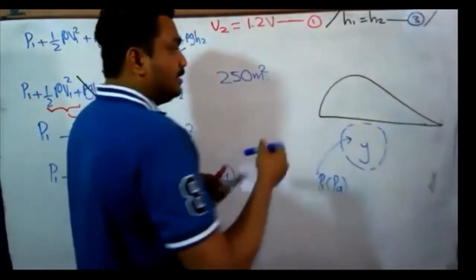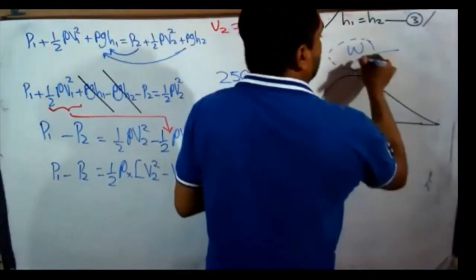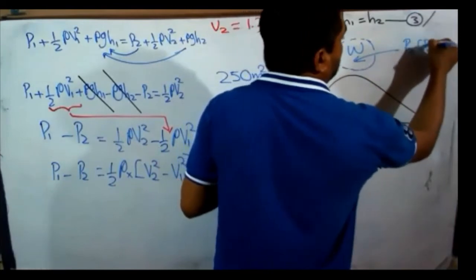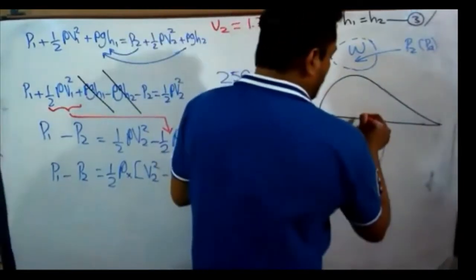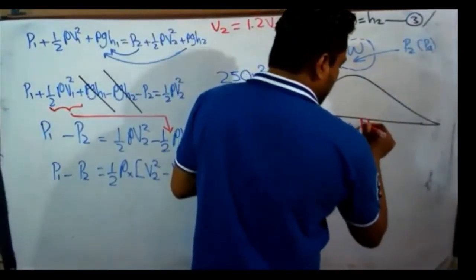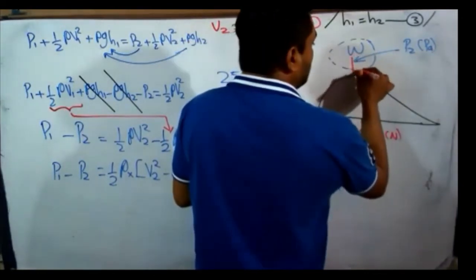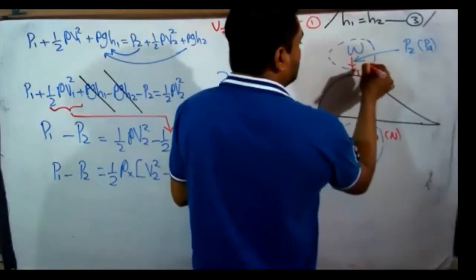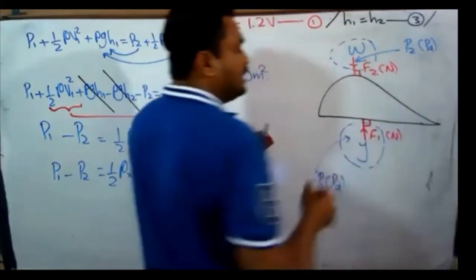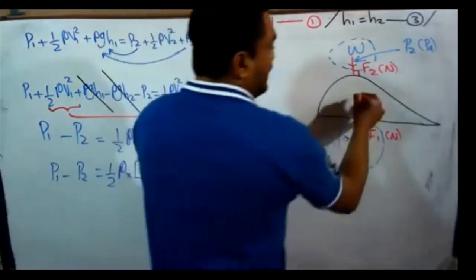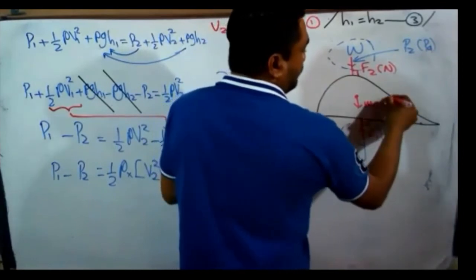And similarly, because of the pressure at W, that pressure is P2 Pascal, another force is formed on the aeroplane. Let me mark those forces as F1 Newton and F2 Newton. In addition to these F1, F2 Newtons, there will be the weight of the aeroplane, mg Newton.